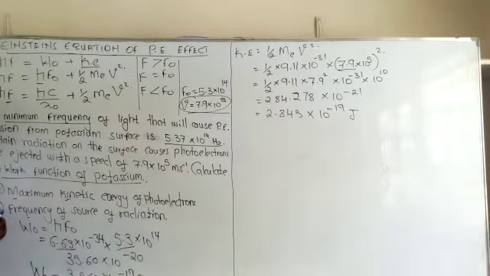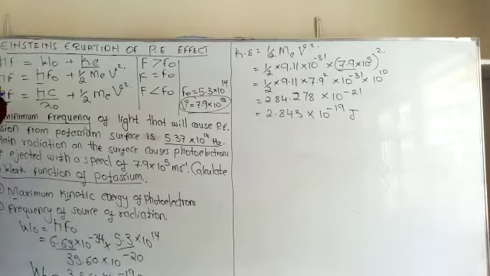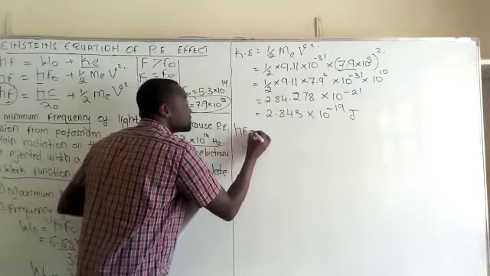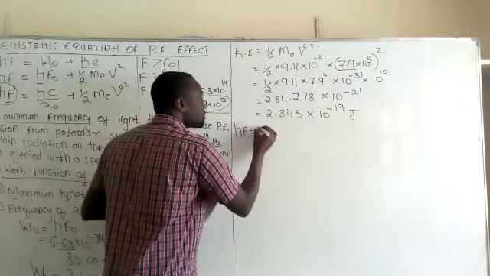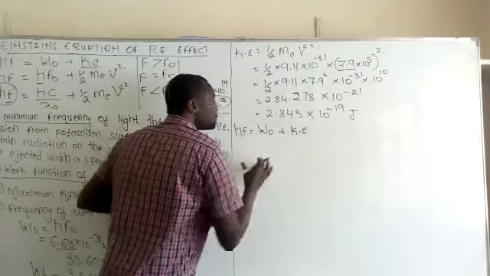Part C, we want to calculate the frequency of the source of radiation. We've seen that the energy of the radiation was able to give us both the work function and the kinetic energy, which we've already calculated.